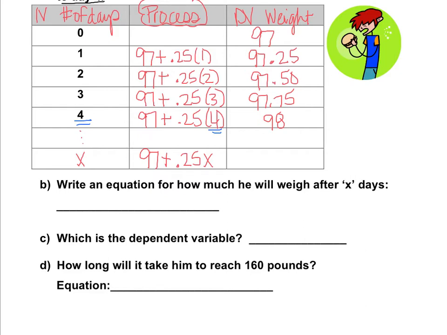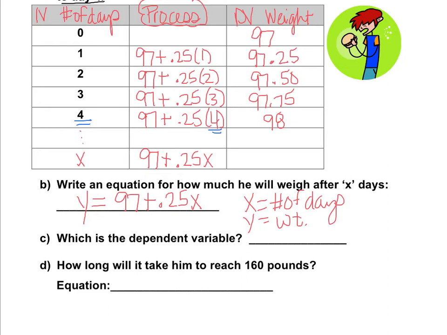So this is going to help you write your equation, which happens to be the next question. Write an equation for how much he will weigh after x days. Well, his y value, his weight, will be equal to 97 plus 0.25x, where x is the number of days and y is the weight.